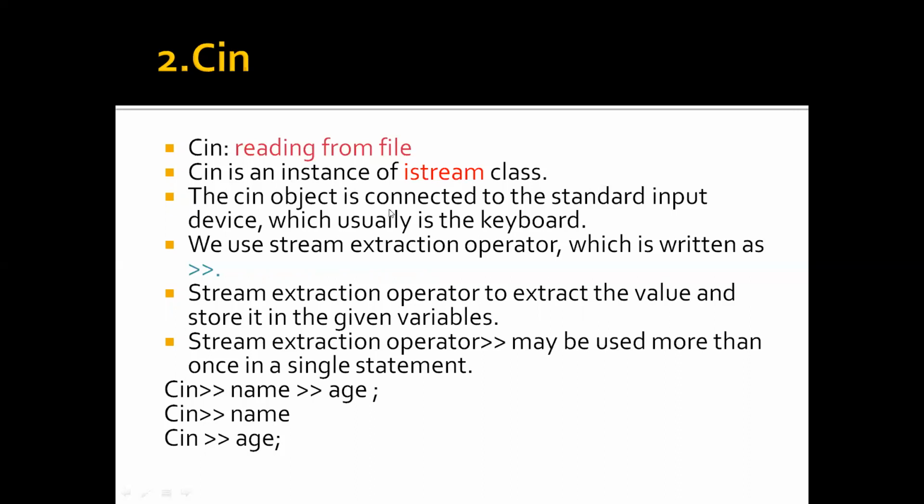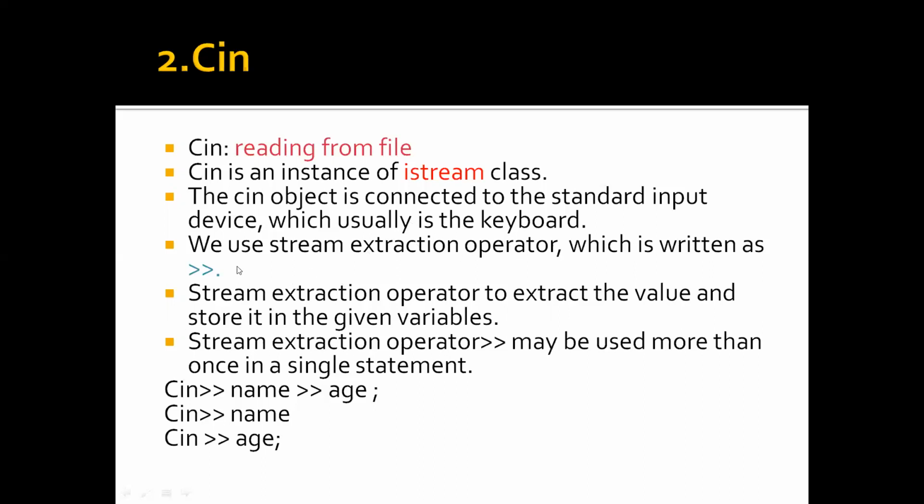The cin object is connected to the standard input device, which usually is the keyboard. So when we give some input, the object is always connected to the input device, because it is for the input which we are giving. We use the stream extraction operator, which is written as two greater than marks.